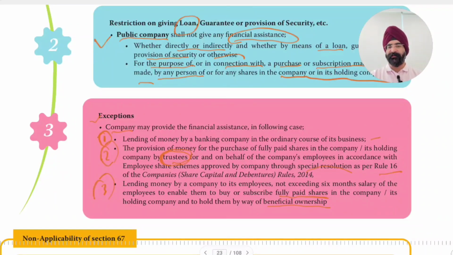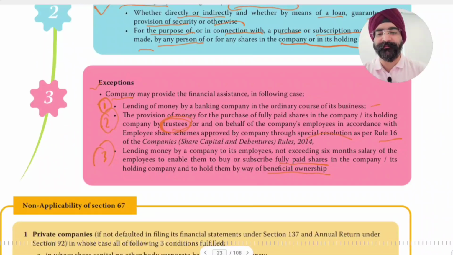So these are the exceptions. Banking company is an exception. Trustee holding shares on behalf of employees, exception. Lending money to the employees up to 6 months of their salary for holding shares in beneficial capacity.